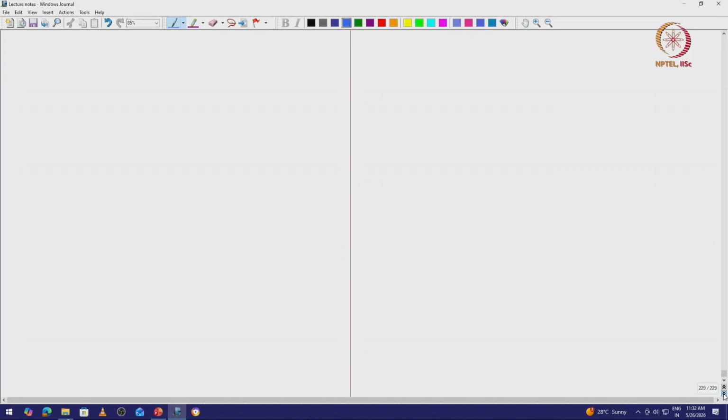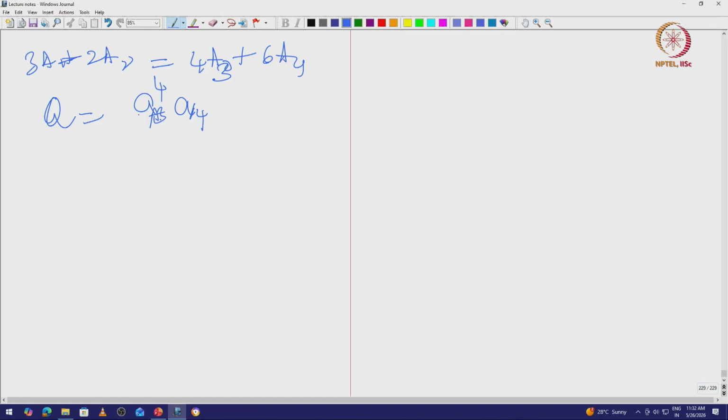So, for a reaction 3A1 plus 2A2 gives rise to 4A3 plus 6A4, we just wrote it, Q is now A3 power 4, A meaning the activity, times A4 power 6, divided by A1 power 3 A2 power 2.